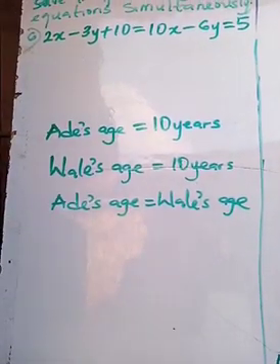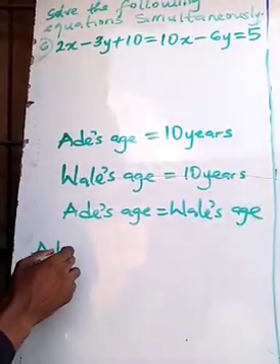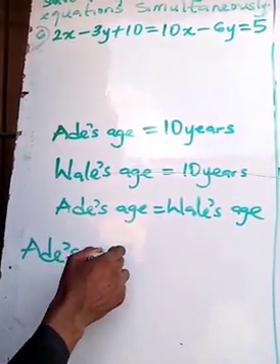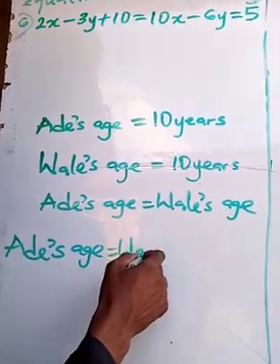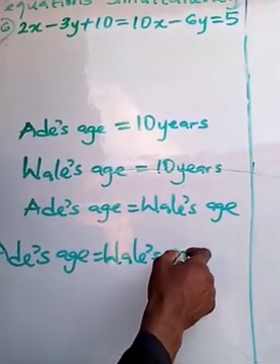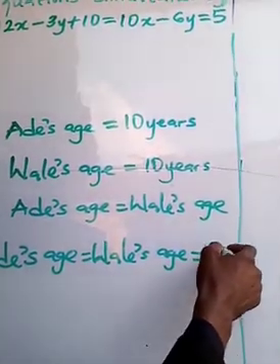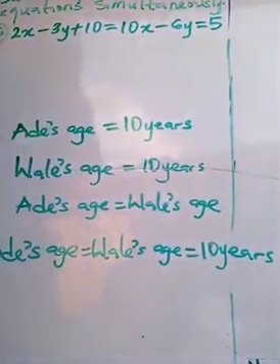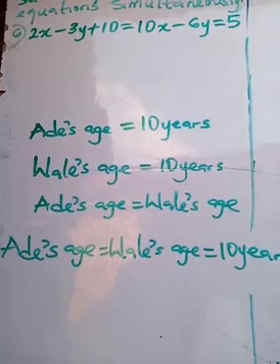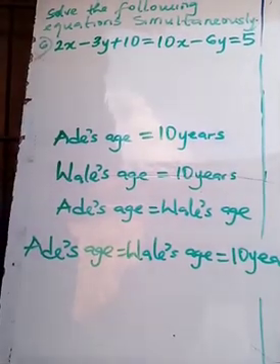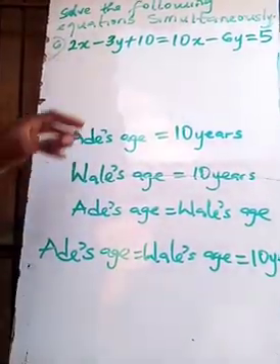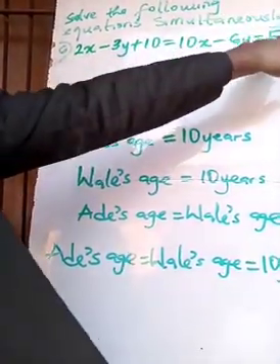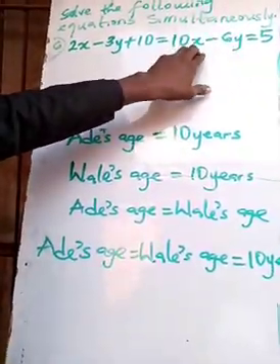So you can write it like this. You can say Ade's age equals Wale's age and is equal to 10 years. So that's the kind of interpretation. So still leaving this on the board, I'm going to manage it. We can just say this equals this and this equals this.